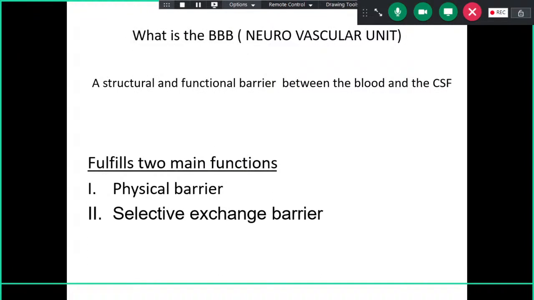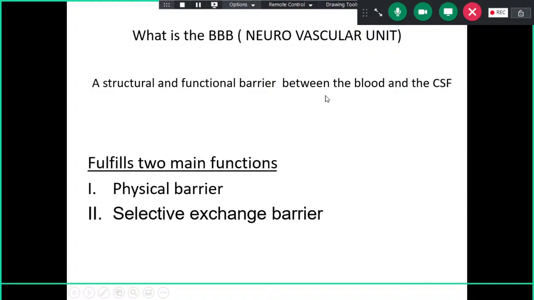Okay, so let's quickly look at what the blood-brain barrier is and why it is important to understand. The blood-brain barrier is also called the neurovascular unit. It's a structural and functional barrier between the blood and the CSF. Your vascular system carries a large number of different components which may be healthy or unhealthy for the individual, and a large number of different metabolic products.